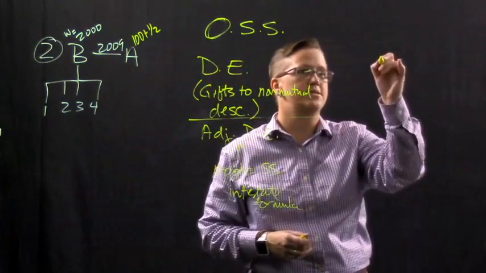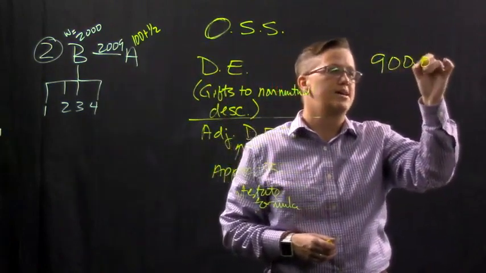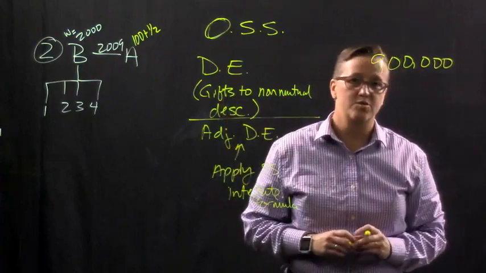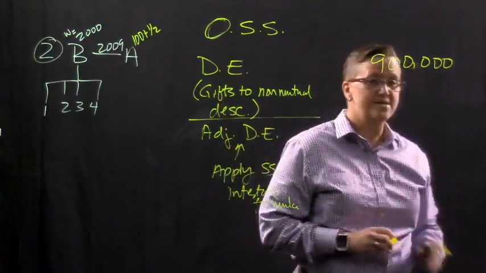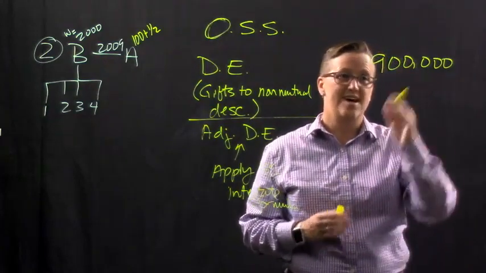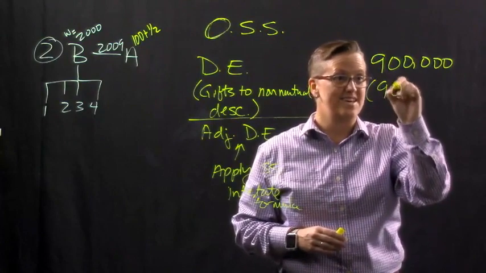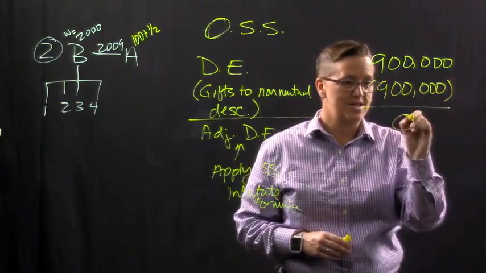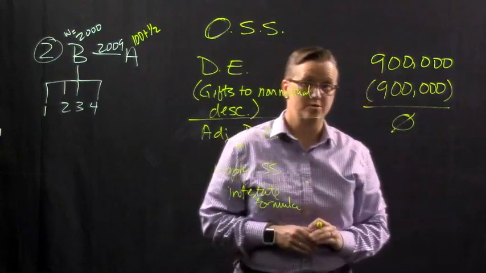The distributable estate is $900,000. Now we have to look and see were there devises to non-mutual descendants. Ben's will says that everything goes to his children equally. So 900,000 minus everything is 900,000. So that means the omitted spouse's share is 0.